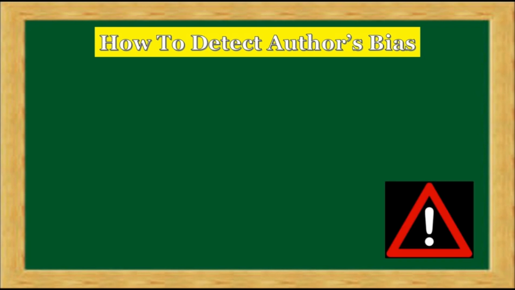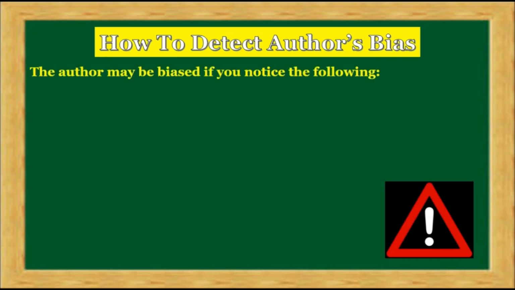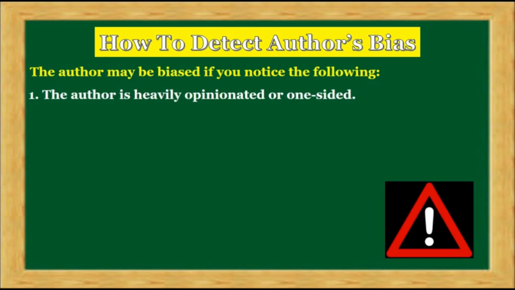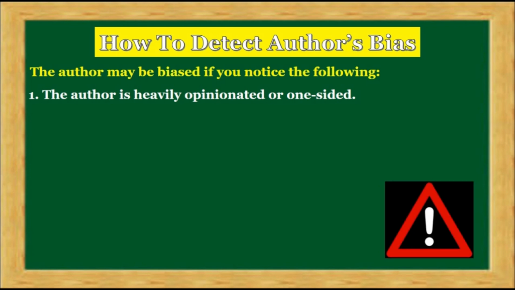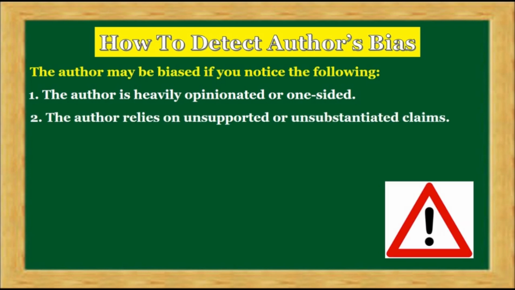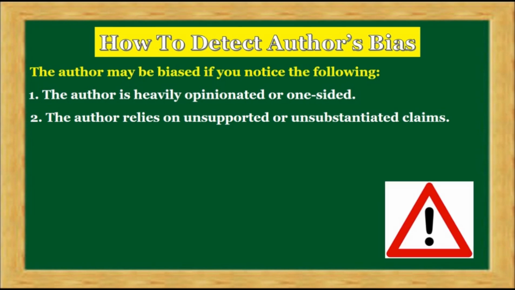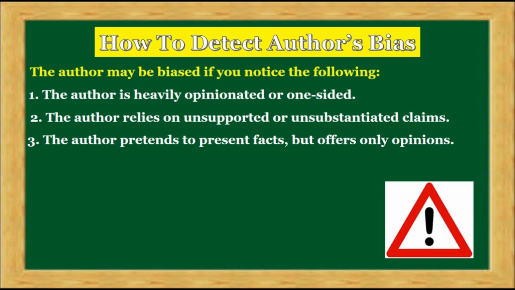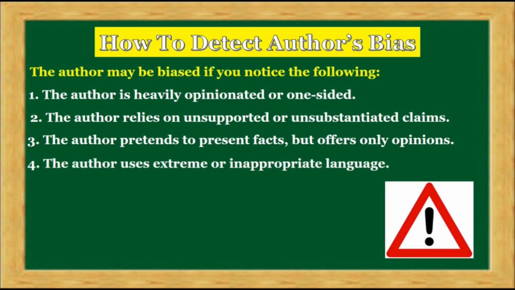So how can you detect the bias made by an author? The author may be biased if you notice the following. Number 1, the author is heavily opinionated or one-sided. Number 2, the author relies on unsupported or unsubstantiated claims. Number 3, the author pretends to present facts but offers only opinions.